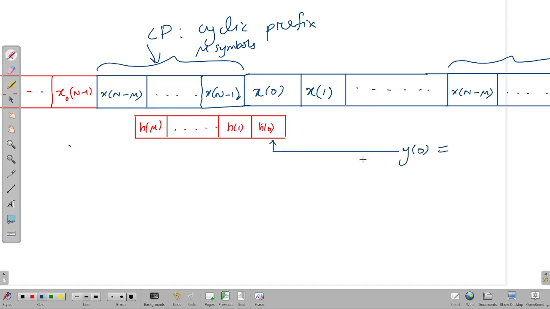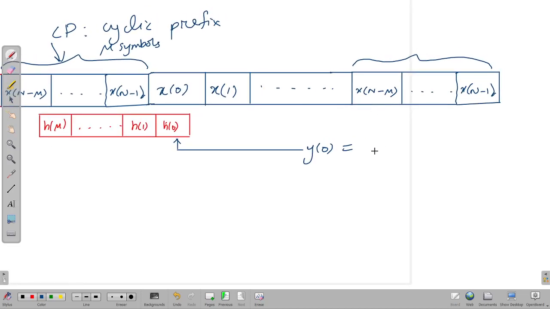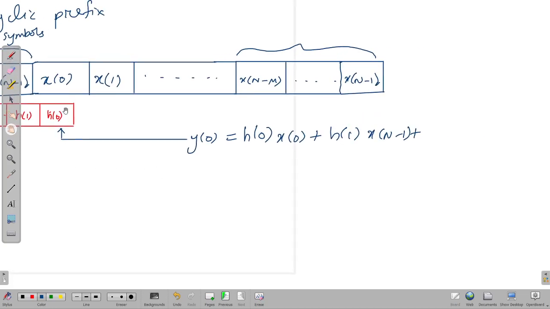Yeah, y of 0 is equal to h of 0, x of 0 plus h of 1, x of n minus 1 plus it goes up to h of mu.